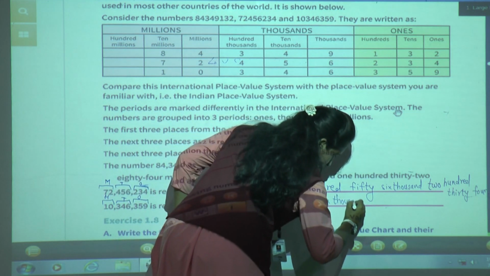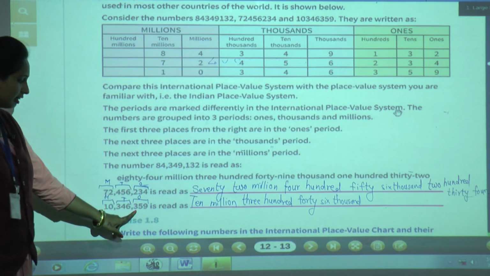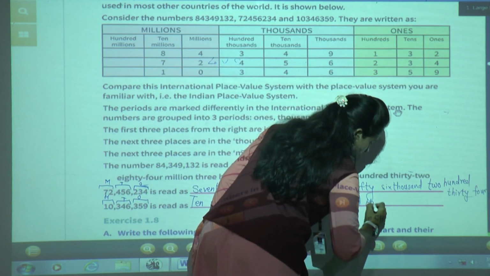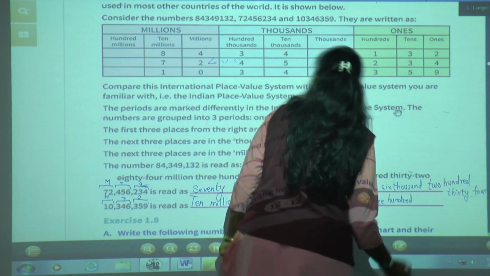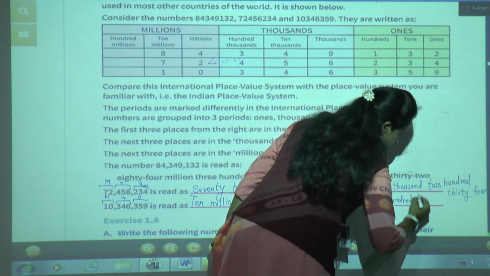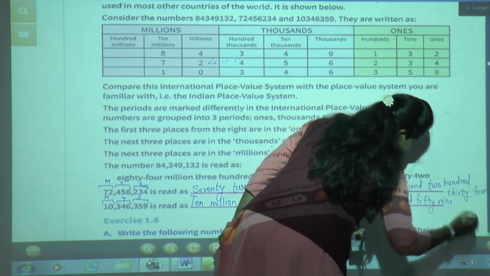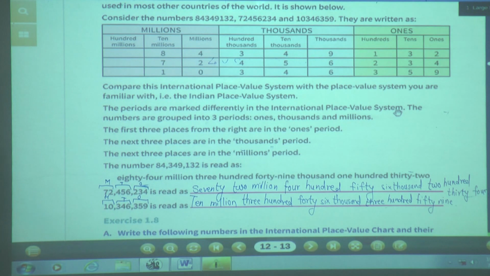And the last is 359. So write again 300 and 59. Write the correct spelling. Okay, till here we have completed. I hope you have written correctly.